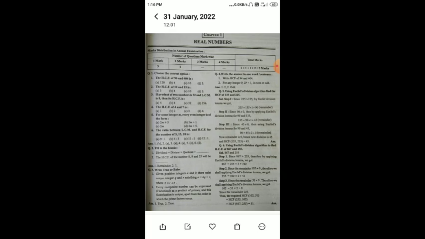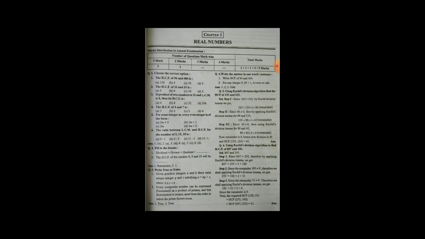Now in the next step, 135, which is your divisor, will become your dividend, and the remainder in the previous step, 90, will become your divisor in the next step.